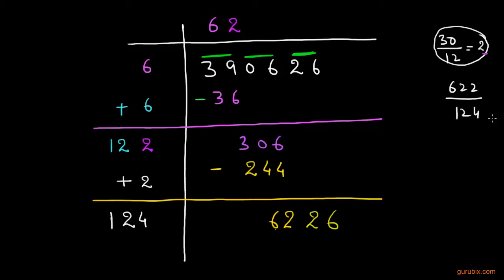and we observe that here it goes 5 times, so we shall write 5 here and 5 here.